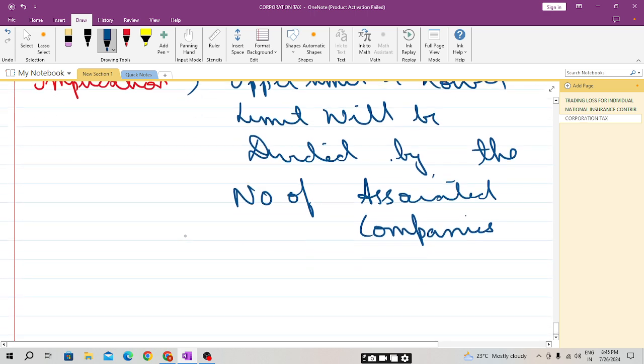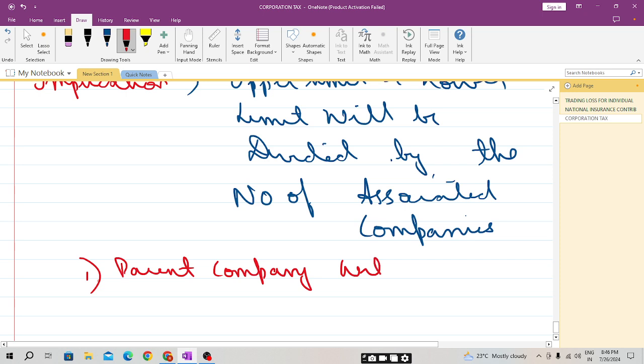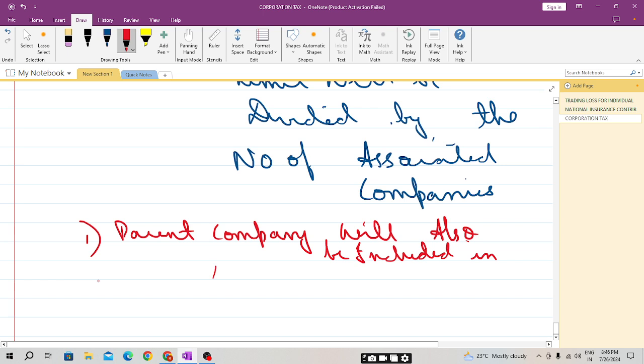The number of associated companies will include the parent company.